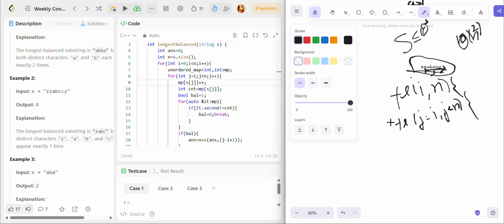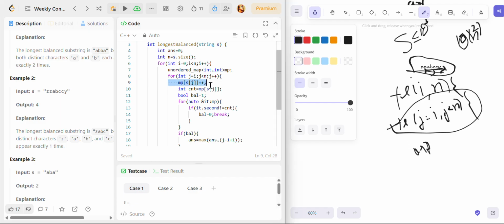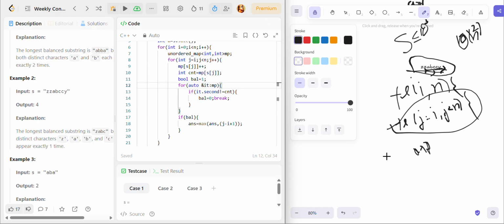I am updating the frequency each time for the jth character in the map, you can see here, and each time I am checking whether the frequency of all the characters is the same or not.